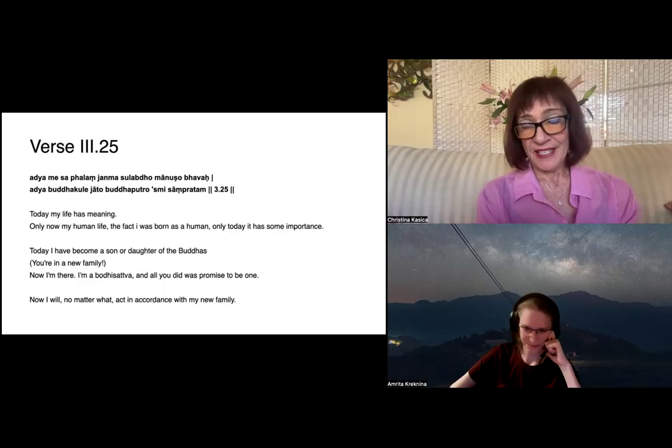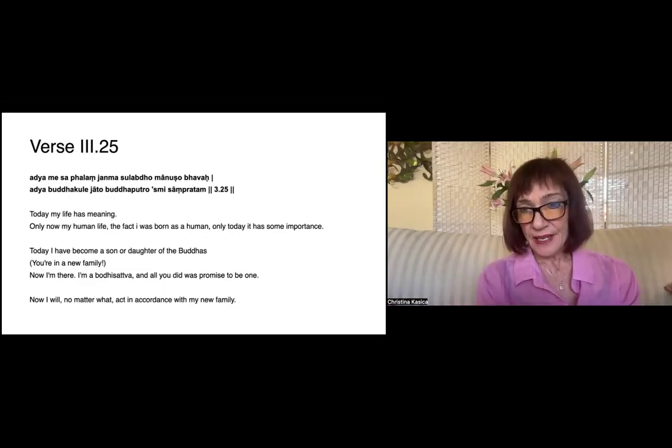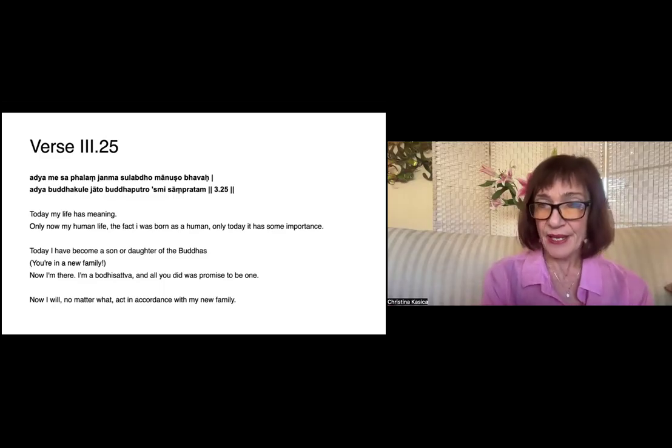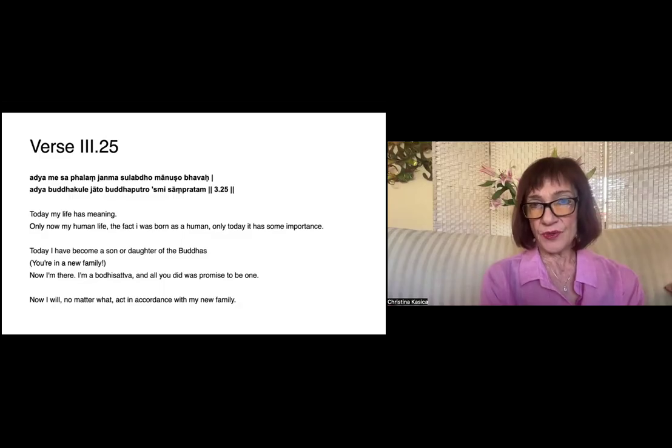Very, very good. Yes, Elena says vows. This is actually some language that we speak when we take vows. It's from the vow ceremony, as Andreas says.